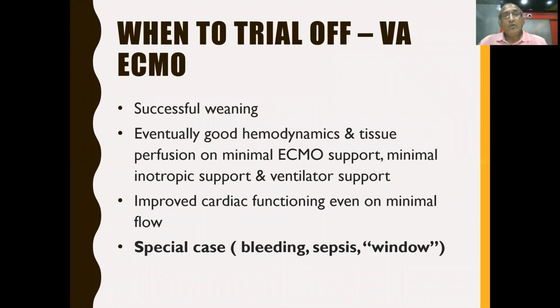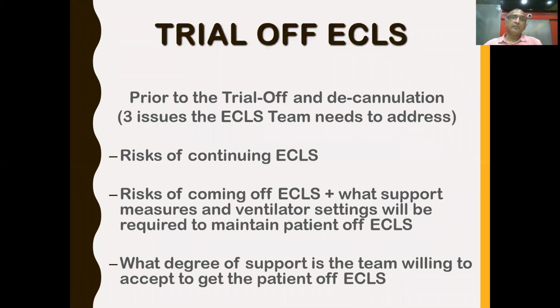In VA ECMO, again, when you have come down on a flow of 1 liter, and in spite of that 1 liter of flow, the patient maintains good hemodynamics, tissue perfusion is fine, and that too with minimum inotropic support and minimum ventilator support, you feel that cardiac function has come down to baseline, then you can think of getting the patient off ECMO.